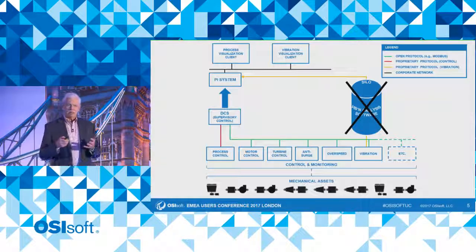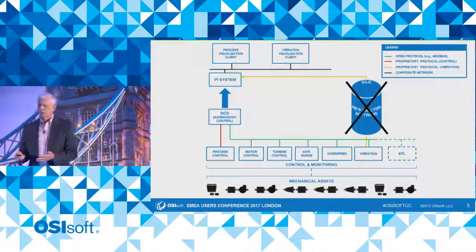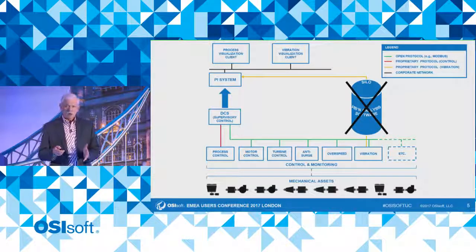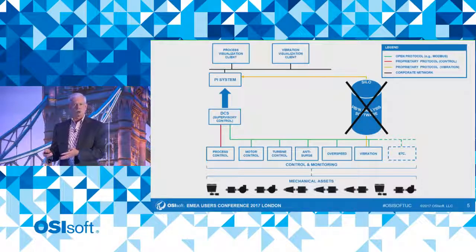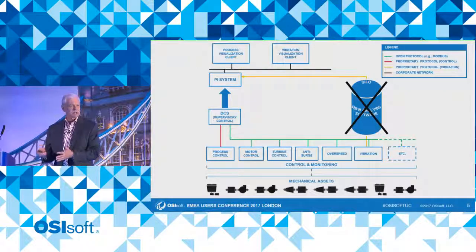Now usually what happens is IT people, instrument and control people, automation people, they're completely on board with this approach. They like it because it eliminates infrastructure. Where you tend to run into the skeptics is with your rotating machinery people, because they've been trained for their entire career that you cannot put this kind of data into an operational data historian.